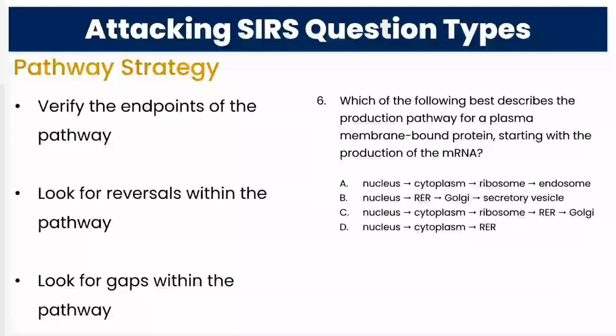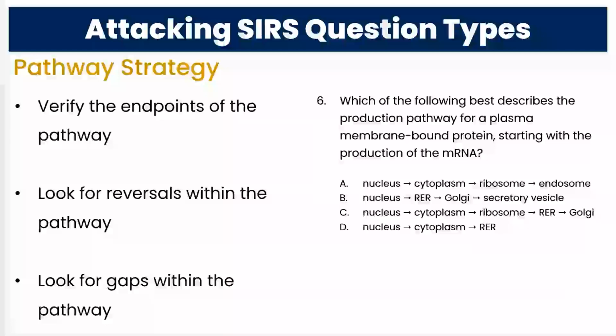Nucleus to cytoplasm, rough ER. No, that's okay. Nucleus to cytoplasm, it gets synthesized at the ribosome, and then it gets sent to the rough ER, and then it goes to the Golgi apparatus. Methinks we don't know what an endosome is. What is an endosome?